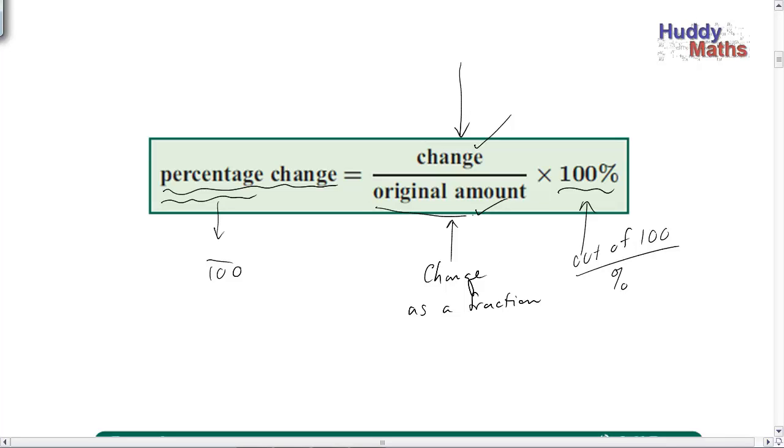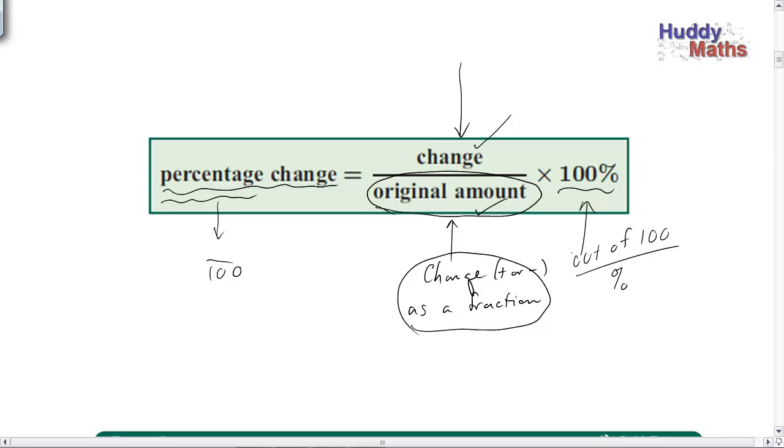Here's the crucial one here. It's always divided by the original amount. So that was your starting point. And you're going to measure the change, either positive or negative, either an increase or a decrease, relative to that original amount. So that's the fraction. You must write your change, which could be positive or negative, as a fraction over the original amount.